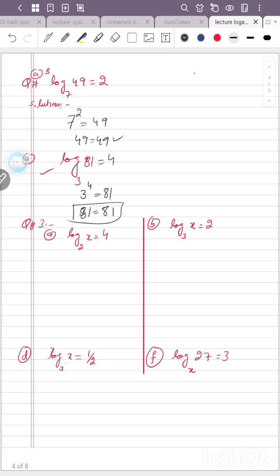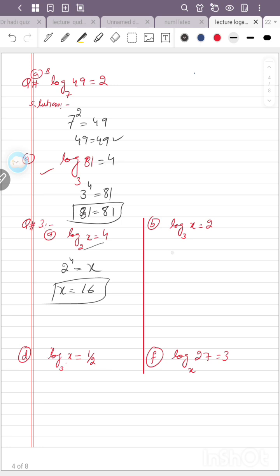Now moving toward our third question, which is very simple. Again we use the concept 2 power 4 equals x, because your base is 2 and power is 4, so x equals 16, our answer. Now it's the b part, question number 3.